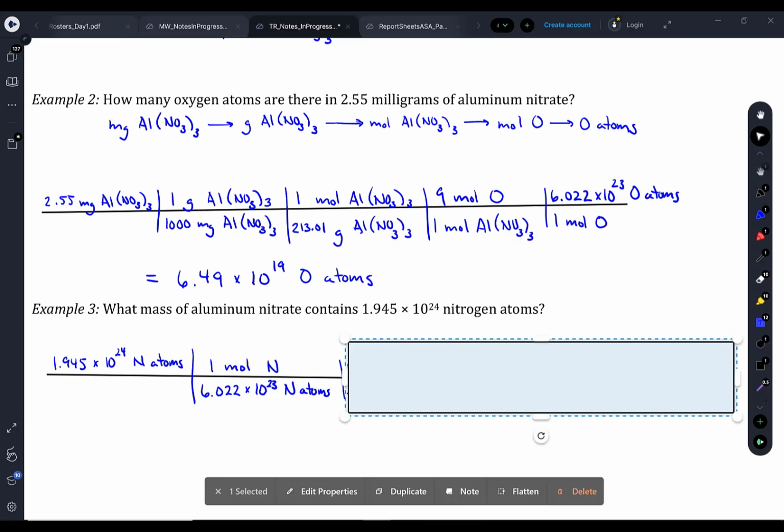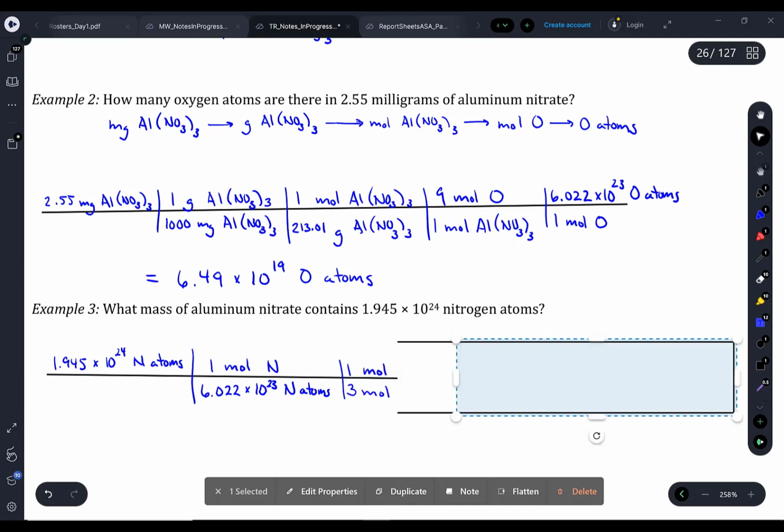By the way, there are a couple of ways you could do this in terms of order, but to me, it makes the most sense to go from nitrogen atoms to moles of nitrogen, and then from moles of nitrogen to aluminum nitrate. In the problem above, 1 mole of aluminum nitrate was 9 moles of oxygen. What about nitrogen? Instead of 9 moles, it's 3. Excellent, good. So there are 3 moles of nitrogen for every 1 mole of aluminum nitrate.